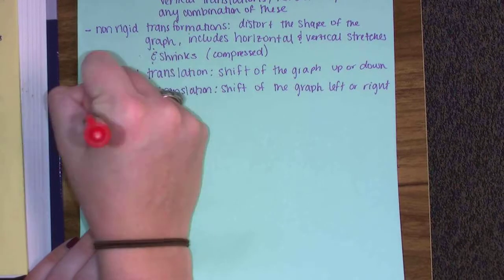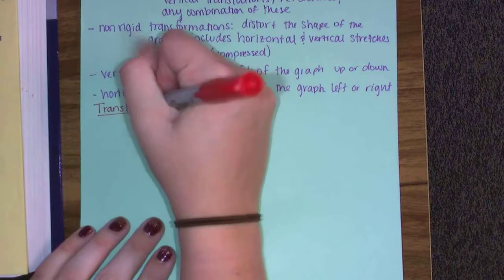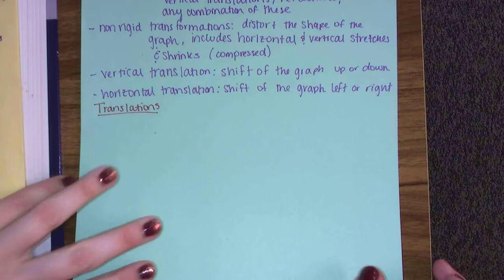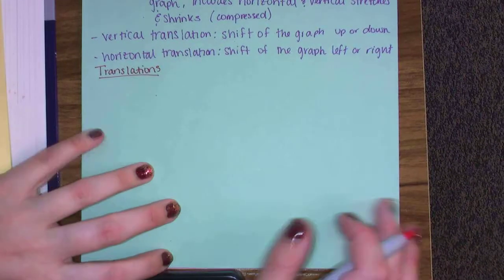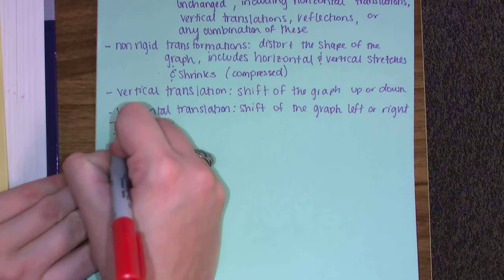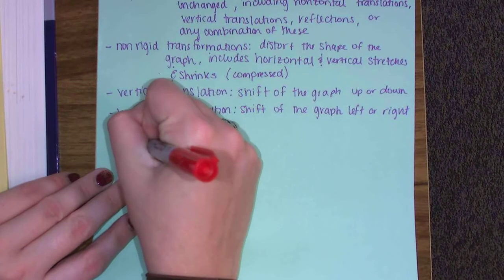So starting to look at what these actually look like, for translations, let c be a positive real number.